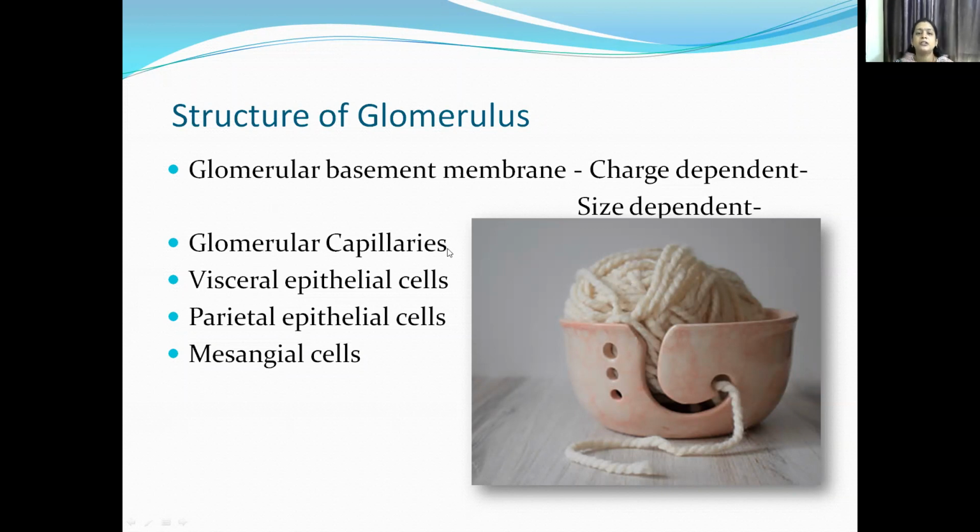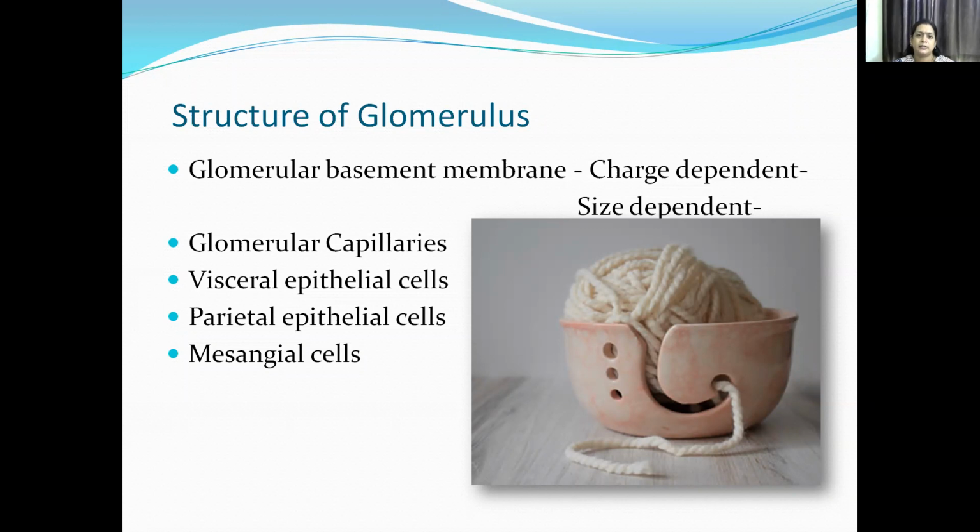What is the importance of the glomerular capillaries is that it has a fenestrated endothelium. You know that the capillaries or any blood vessel is lined by the endothelium. So here there are some little gaps between the endothelial layer. The cells are placed such that the space between each of the cells is 70 to 100 nanometers.